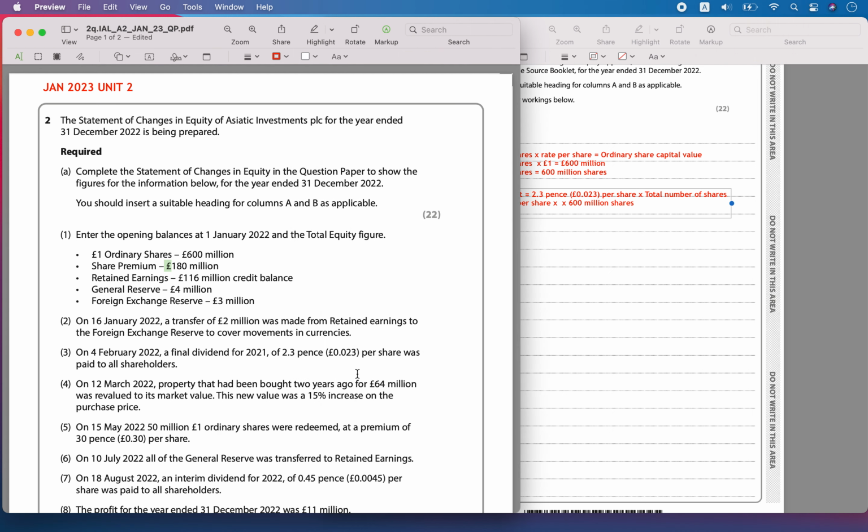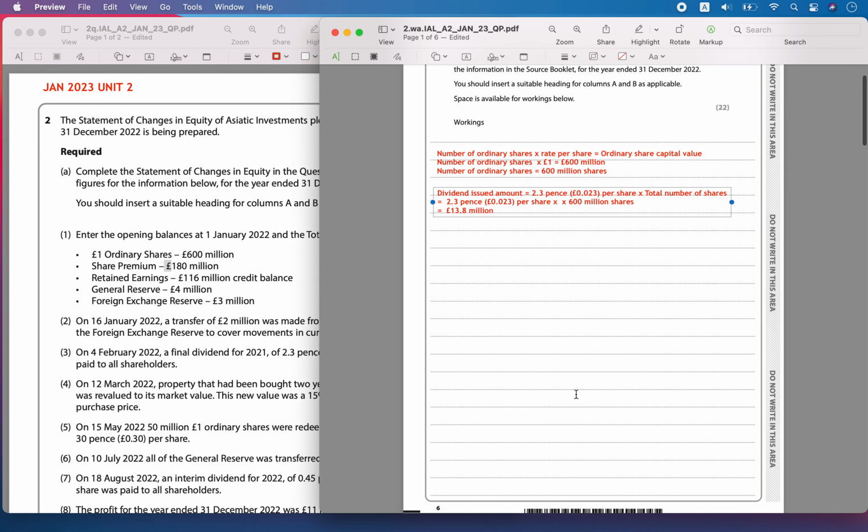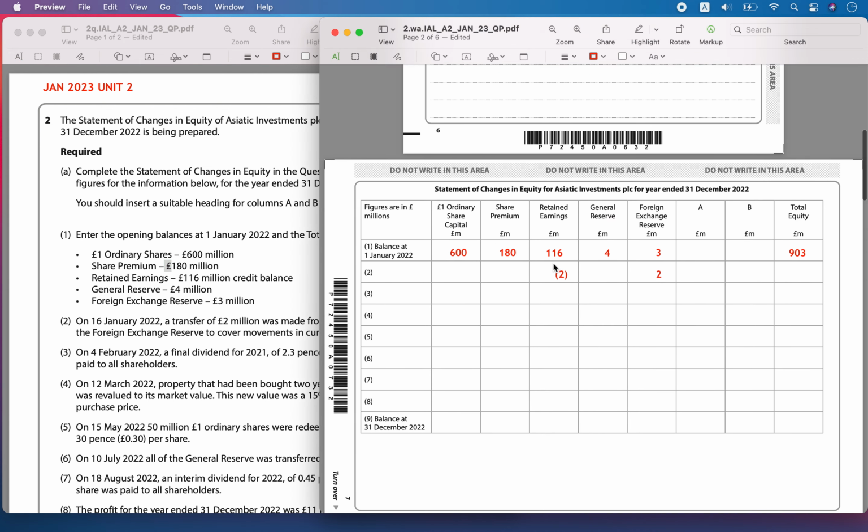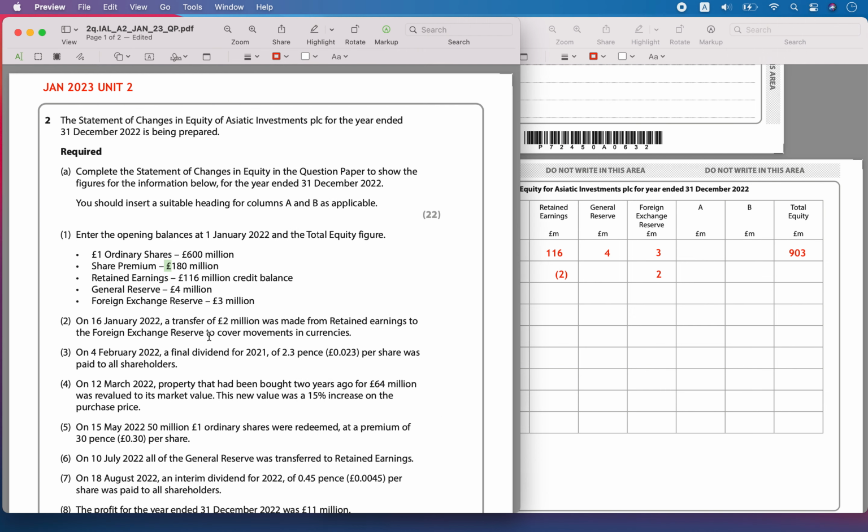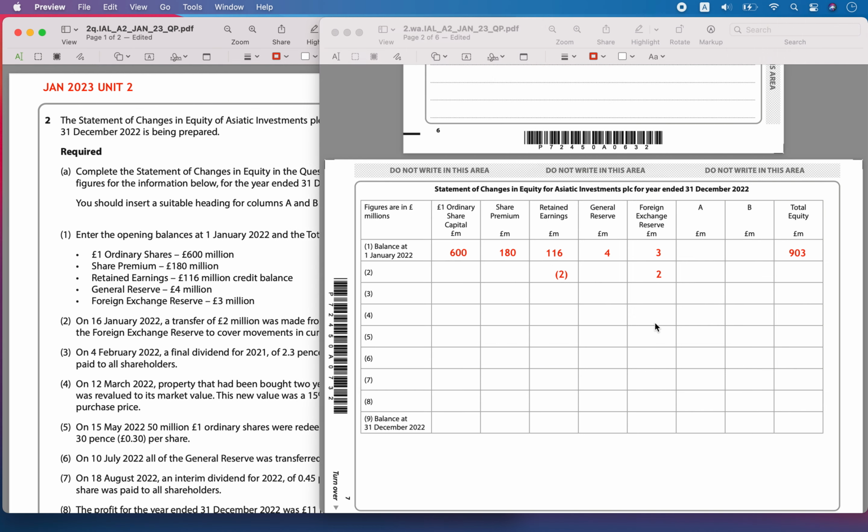This was issued to all the shareholders, so we will have to deduct it from the retained earnings. We are going to issue the final dividend from the retained earnings.